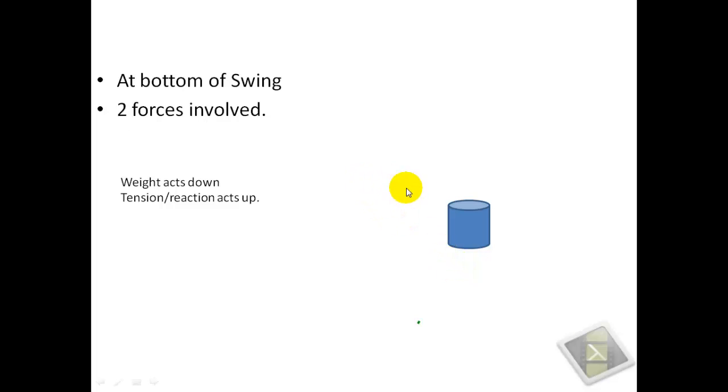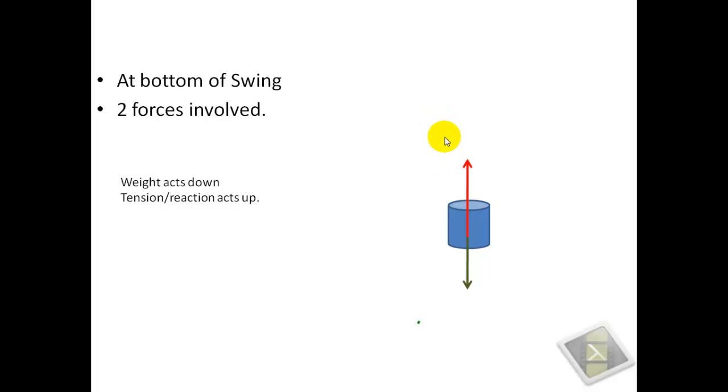How about if it's at the bottom of the swing? We know that weight is always acting downwards, but it's being held up by the arm or the string or the rope or whatever. So there's a force upwards, which is the tension. Now we know they're in opposite directions. So tension is acting up, and the weight is acting downwards. Which way is acceleration?